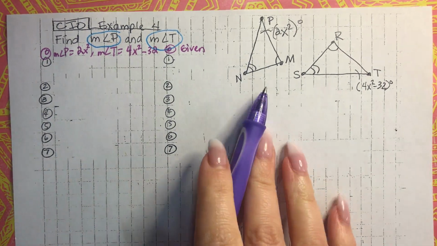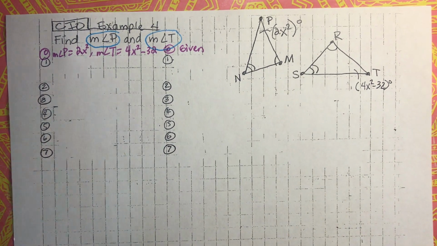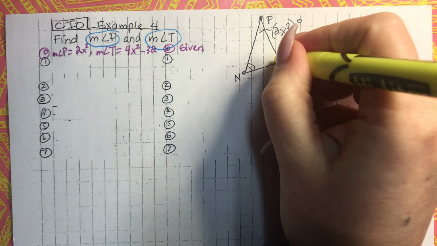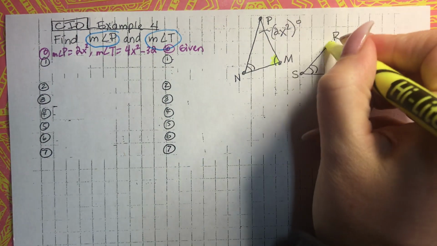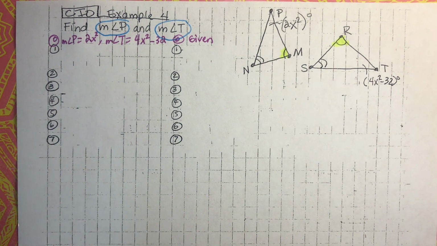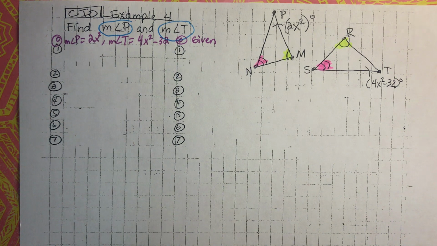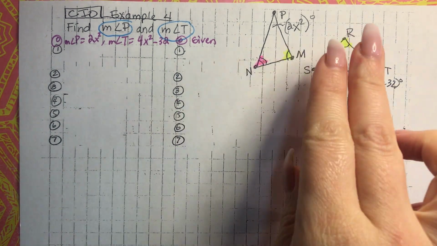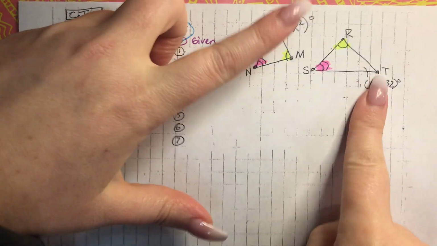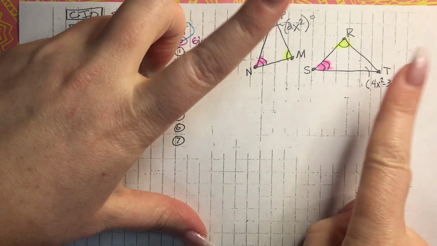Okay, now what do we see? I see that these two angles are the same right here, right? And I also see that these two angles are the same, right here and right here. So since we have two sets of angles which are the same, we know that this third angle is also congruent by the third angles theorem.